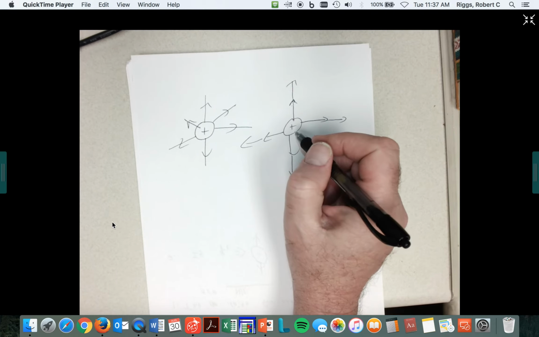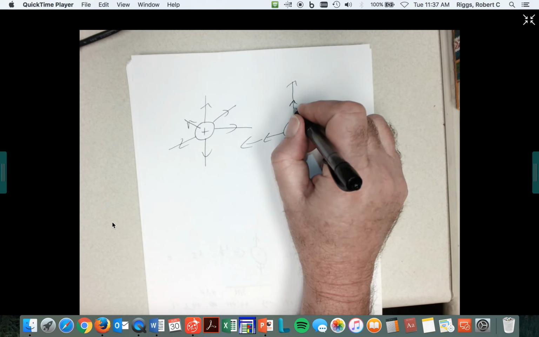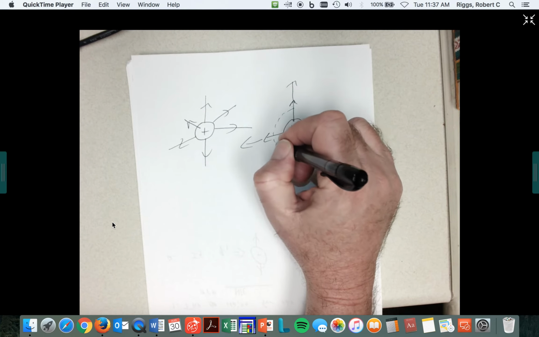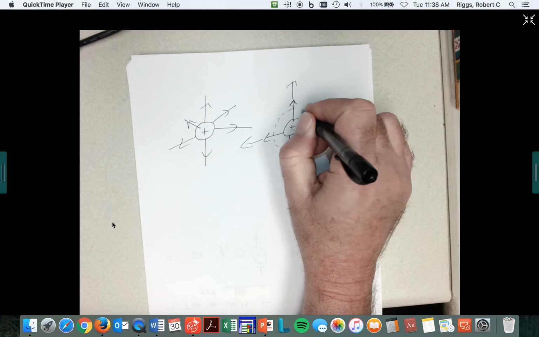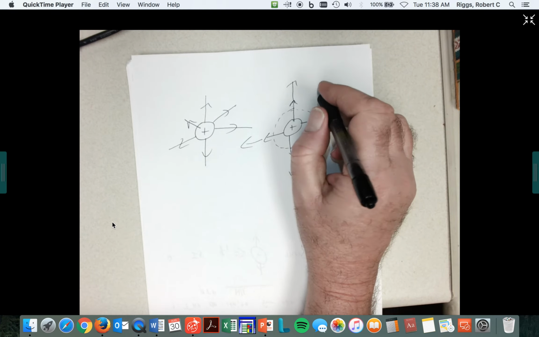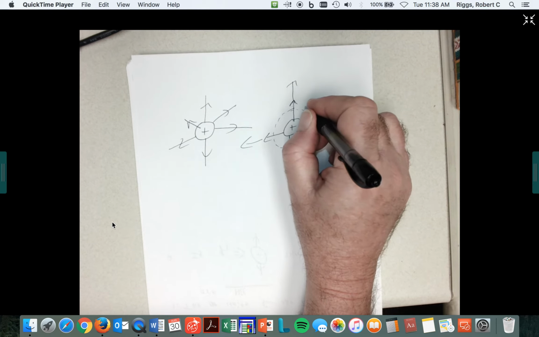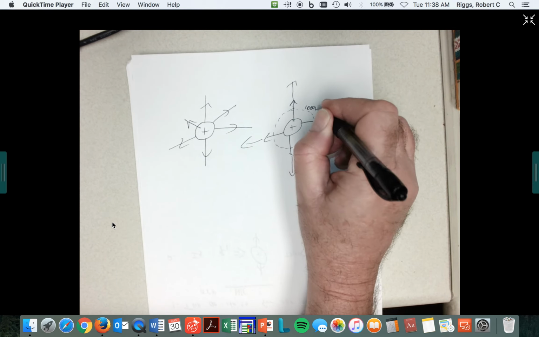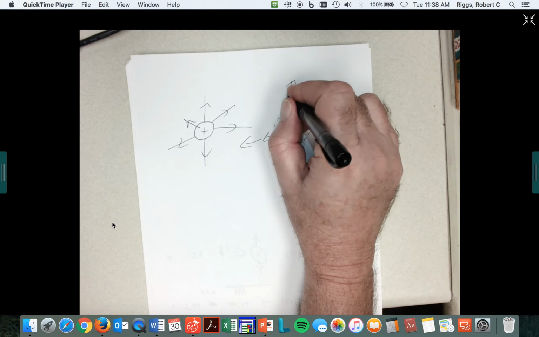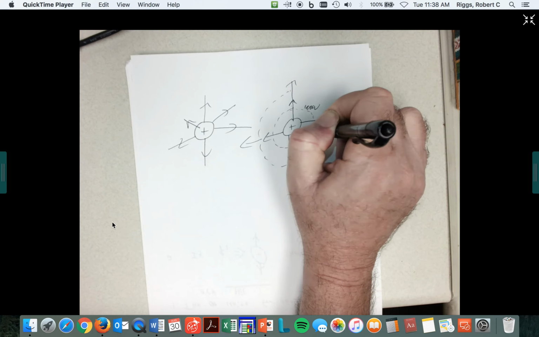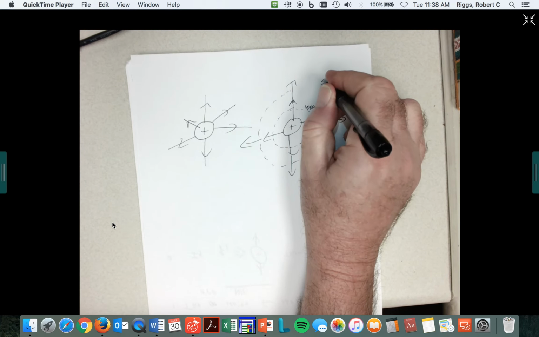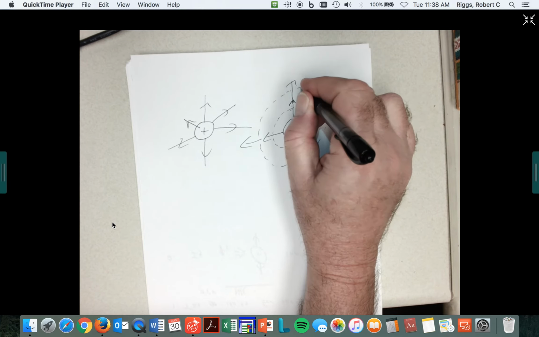Now, around a charge, you also have an electric potential, okay? So let's say this is 1,000 volts here. And then we come up here, and this one would be, let's say, 500 volts here.